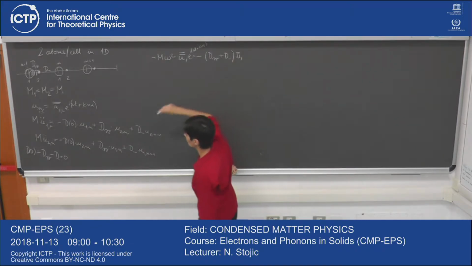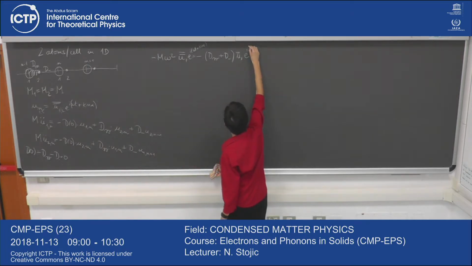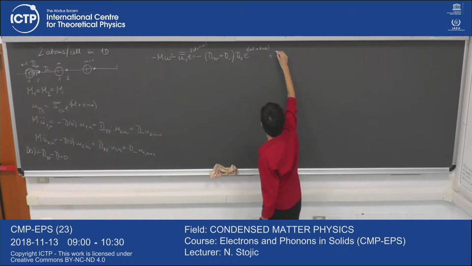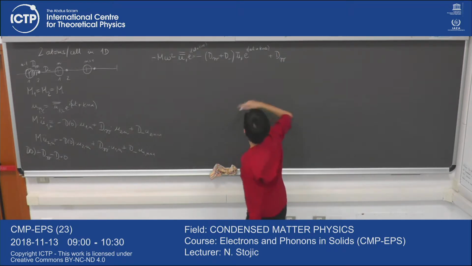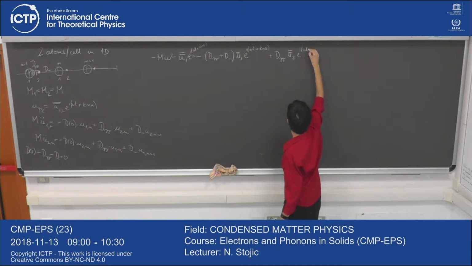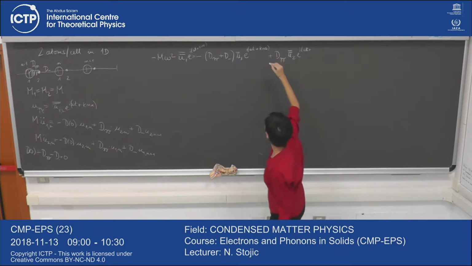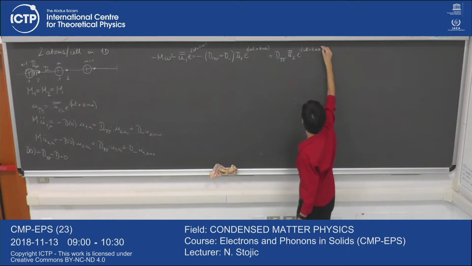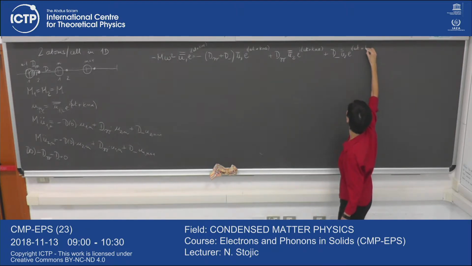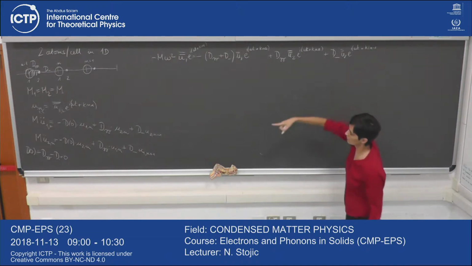U1, plus D strong times U2 in the same cell, and plus D weak U2 also, but not in the same cell, but one cell before.